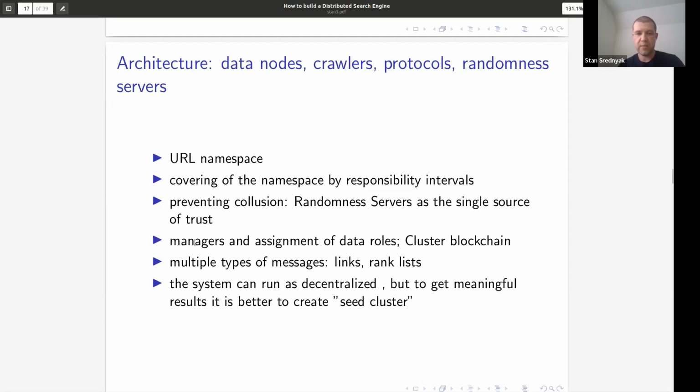This manager subnetwork maintains its own blockchain where they record the distributed cluster state and the operations. So there are actually multiple distributed ledgers behind each of these operations.